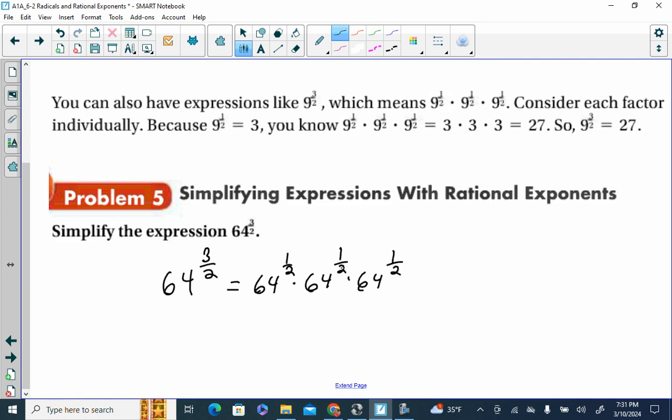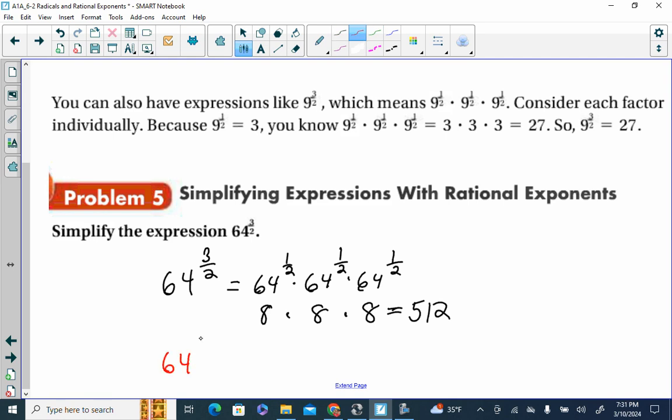So 1/2 plus 1/2 plus 1/2 gives us that sum of 3 over 2. So in real terms, we want the square root of 64, which is 8, times 8 times 8, right? Which is 512.